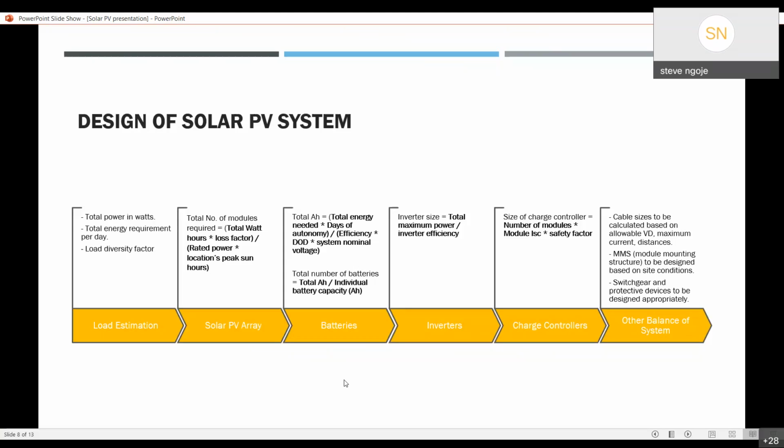So how do you get your solar PV requirement for a given site or system? Again, from the formula there, let me just read it out. The total number of modules required is equal to the total watt hours.